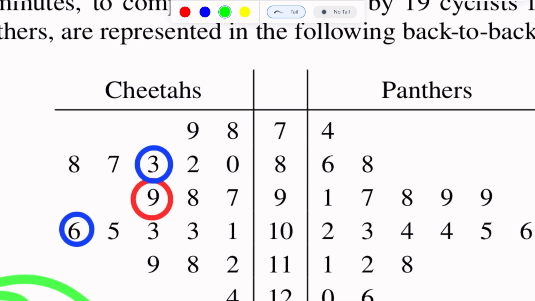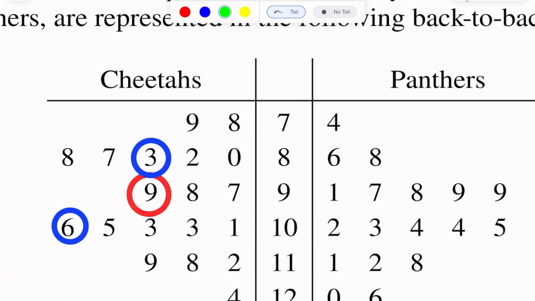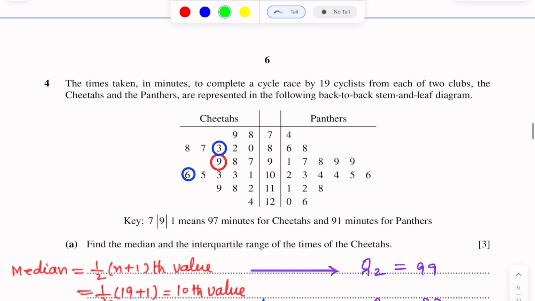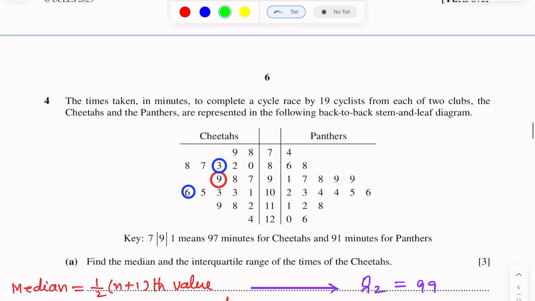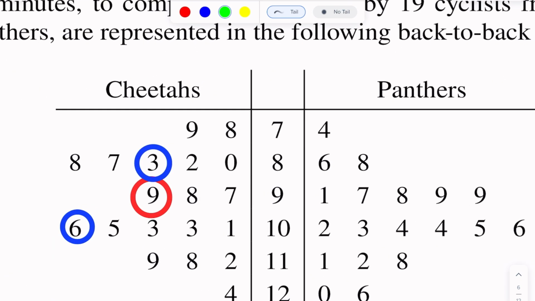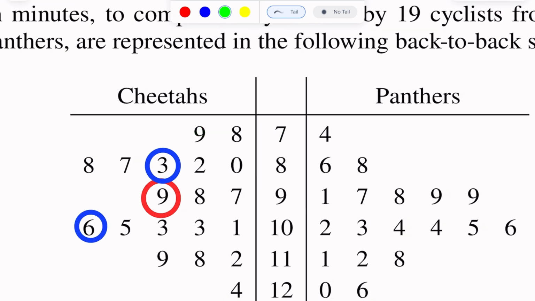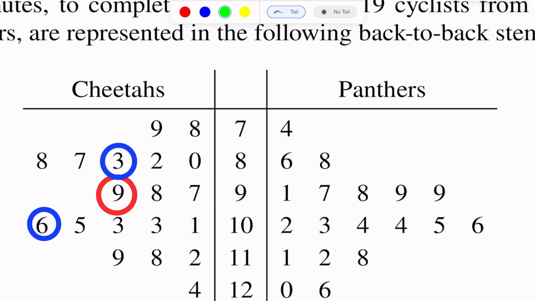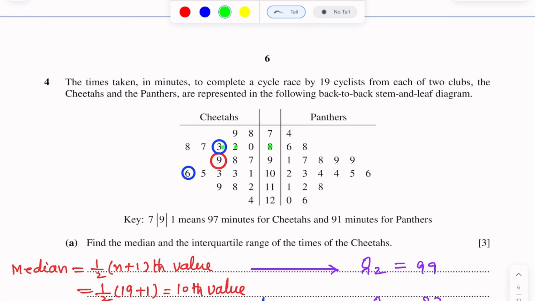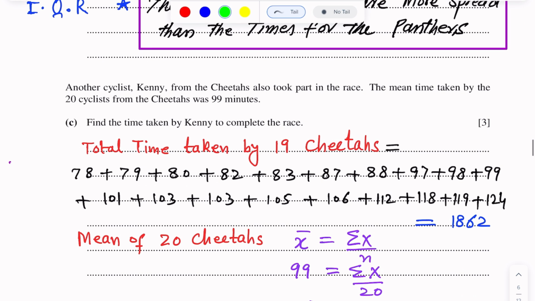For example, 8, 7 means 78. Next, 7, 9 means 79. Next 8, according to the key that is given, 80, 80, 82, 82, 83, 83.